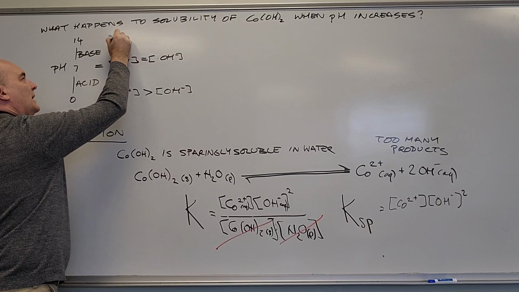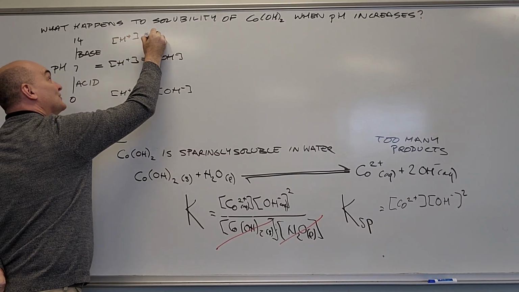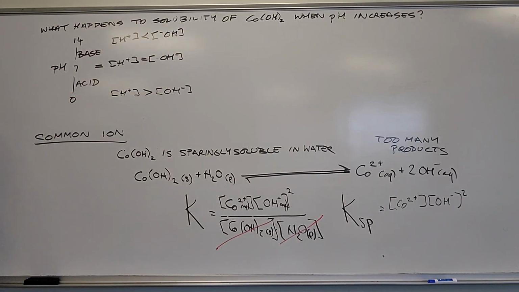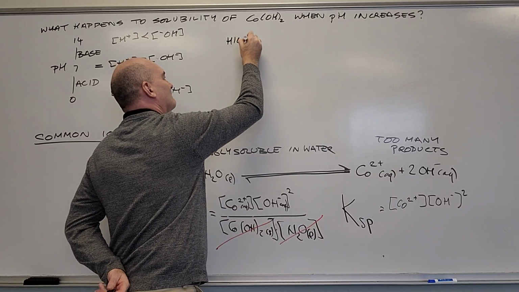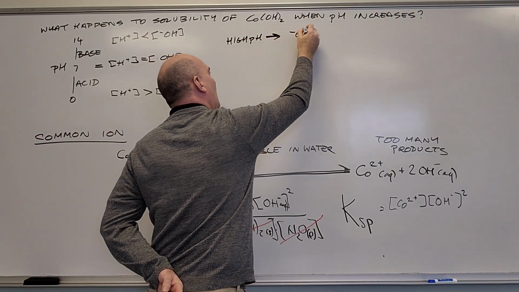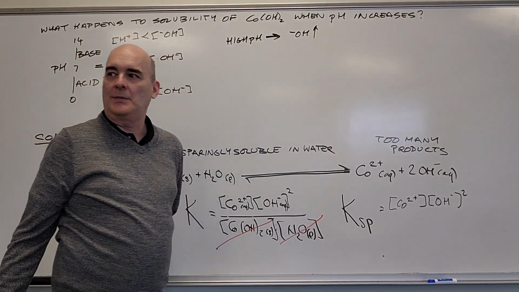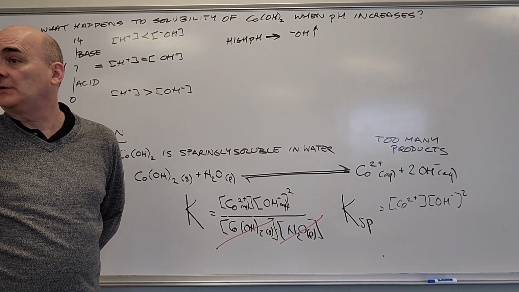And at high pH, the concentration of H plus is less than the hydroxide. So at high pH, that means hydroxide concentration just went up, has been added. This is my external influence.